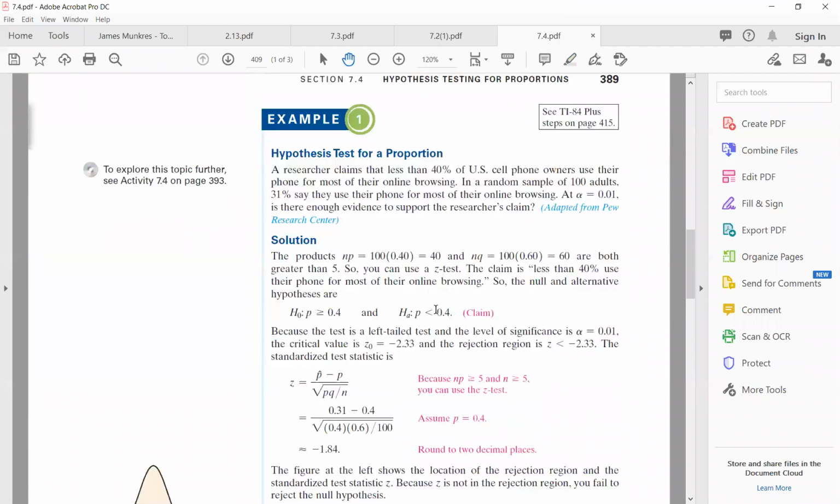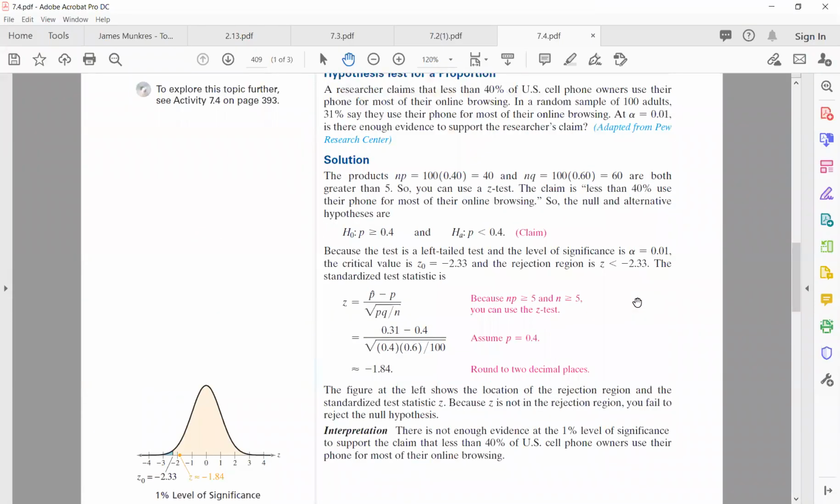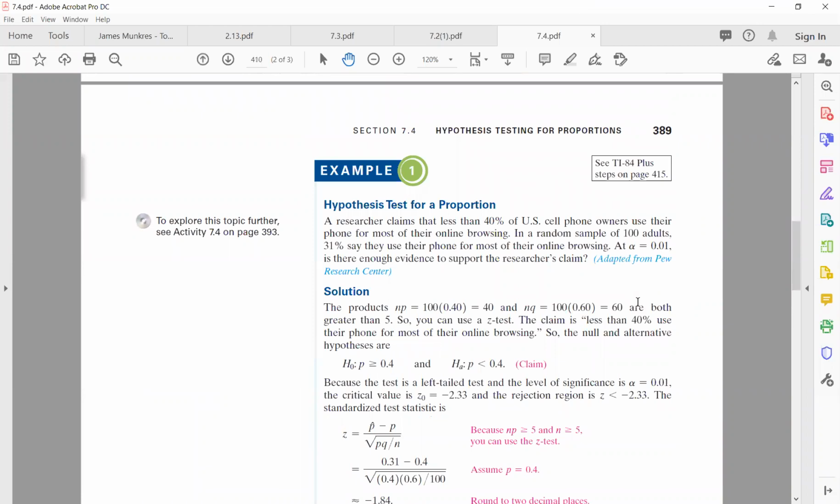Example 1. Hypothesis test for proportion. In this example, we have a researcher. That researcher claims that less than 40% of US cell phone owners use their phone for most of their online browsing. Okay, here we have a claim, we have a keyword. What's given? Proportion is given.